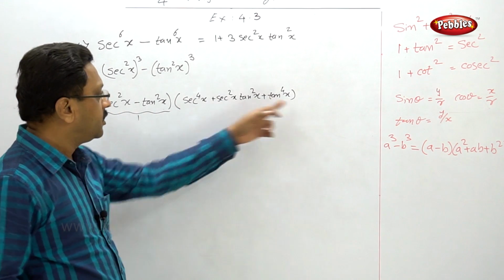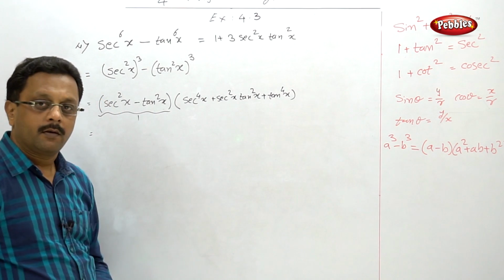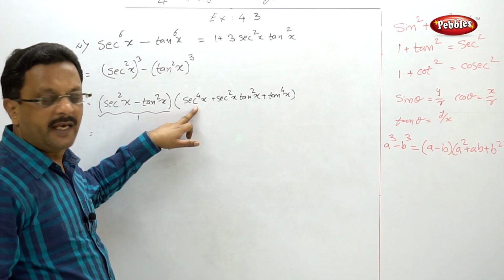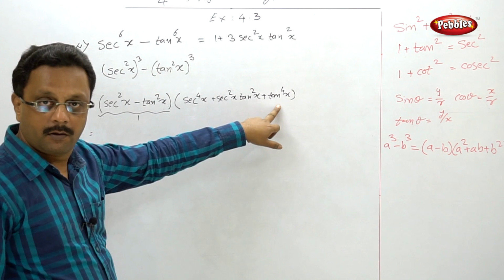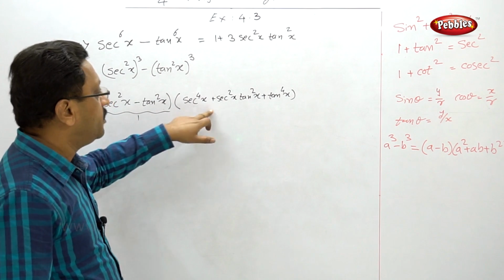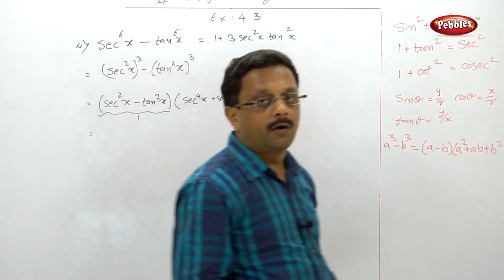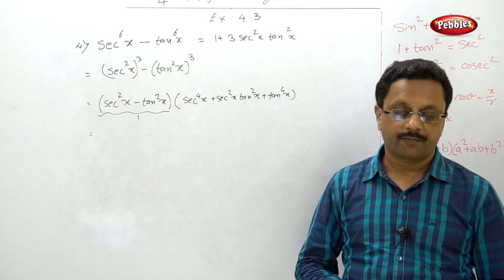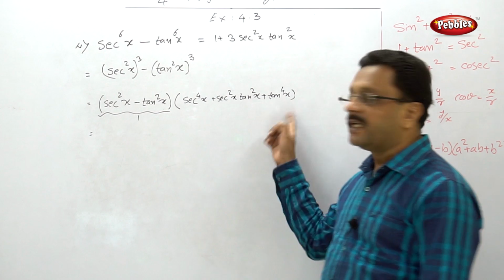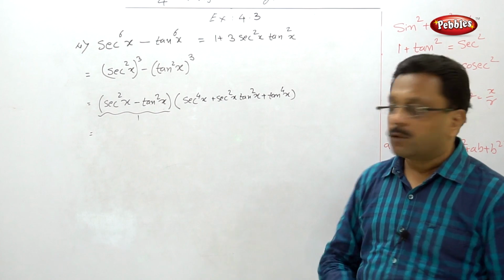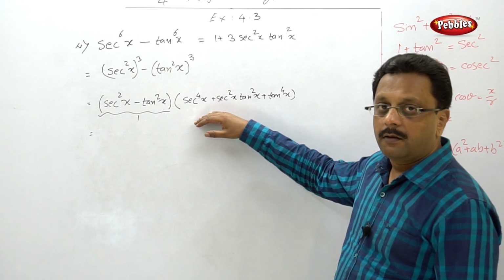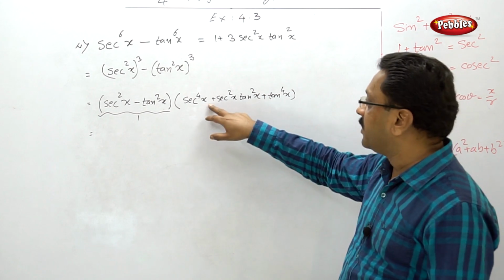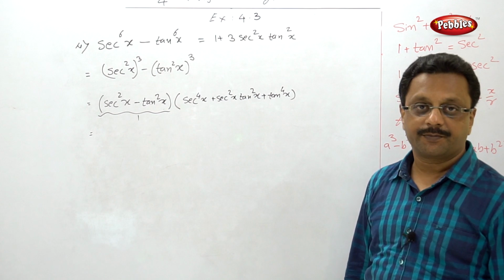Now how to solve this? Now can you see that if this is a square and b square, what we want in between? We want either minus 2ab or plus 2ab. Then it will be a complete square, right? So if we want that, we can take that figure and subtract, so that finally we will get sec square minus tan square.